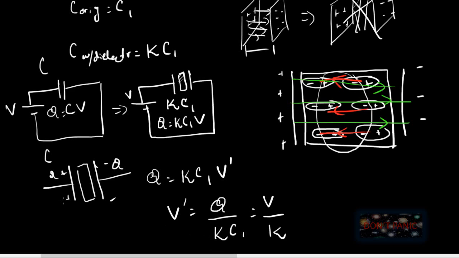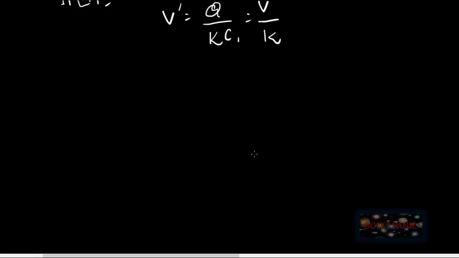So in this case, when you disconnect the battery, your voltage drops by a factor of kappa. In the case when you have the battery connected to the capacitor, your charge increases by a factor of kappa. So that's a little bit about dielectric.